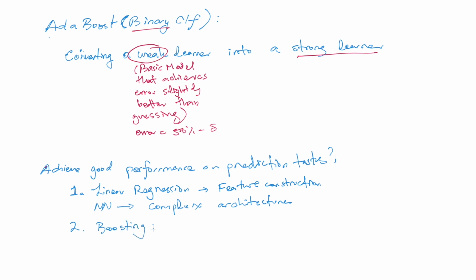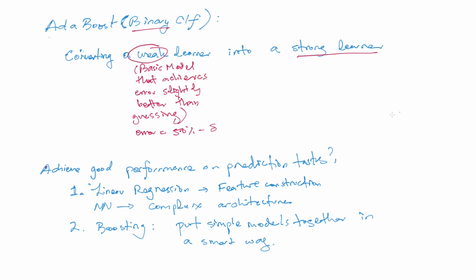The idea of boosting is completely different. It says, forget about trying to construct this really complex model. Just take simple models and put them together in a smart way. Okay, it's the idea that you can have a lot of simple models take the average decision, right? Like let them all vote, and then the average decision is the final decision.